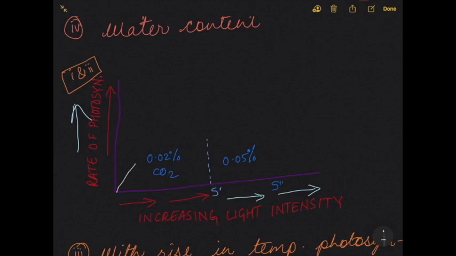It will keep on increasing, and at a certain point, S dash, when the carbon dioxide concentration has reached 0.02%, the rate of photosynthesis stops and it gets stable. That means the curve is flattened.